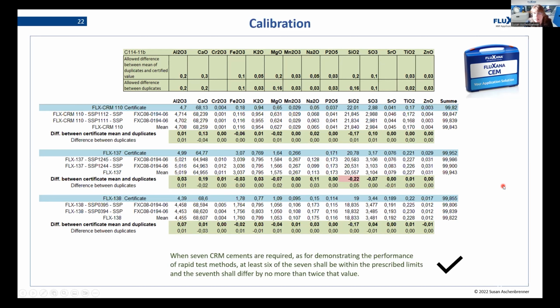And this is the exact thing that you will have to do with your calibration. You have to check according to the norm if you can meet these tolerance limits that are given in this very first table of the norm.